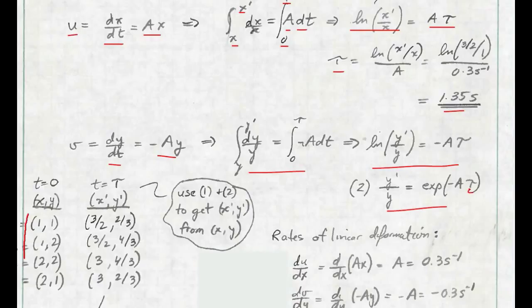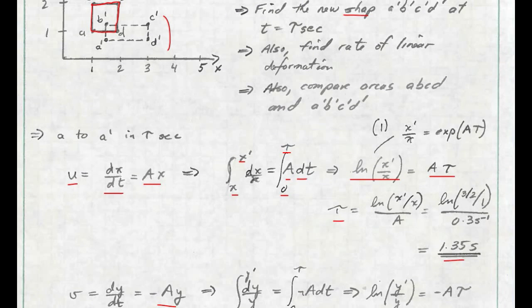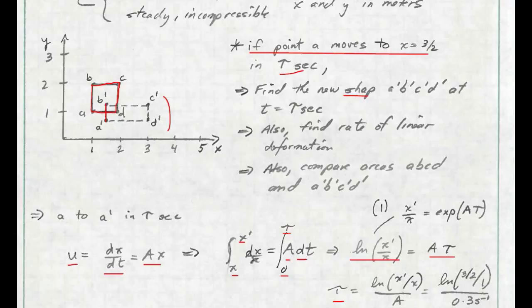So we can basically take our time 0 coordinates here, and we now know tau is equal to 1.35 seconds, so we can transform them into the prime coordinates here. So we'll get the new x prime, y primes, or we'll get the rectangle up here, A prime, B prime, C prime, D prime, back to A prime. So we've gone from here to here.